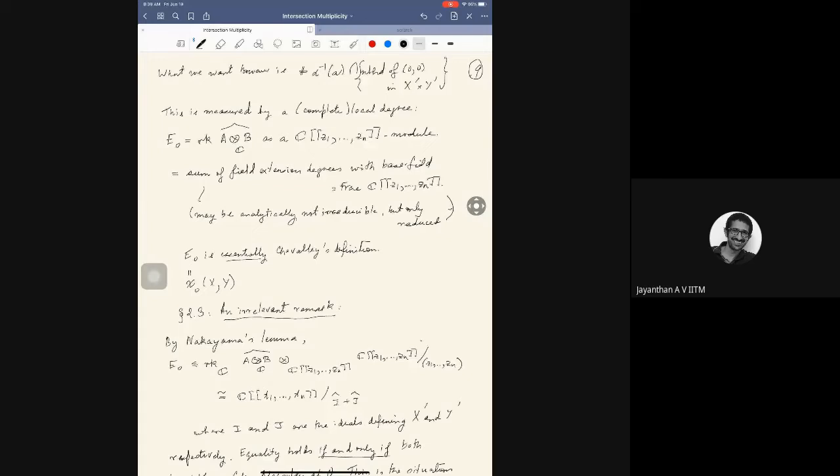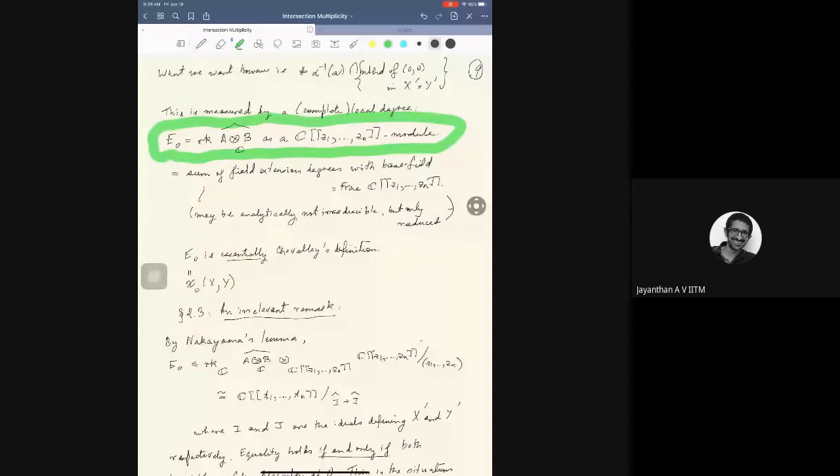So the number that you're looking for is the degree of this. Okay. So that's a purely algebraic definition. And that the rank, that's exactly what you're concerned with.